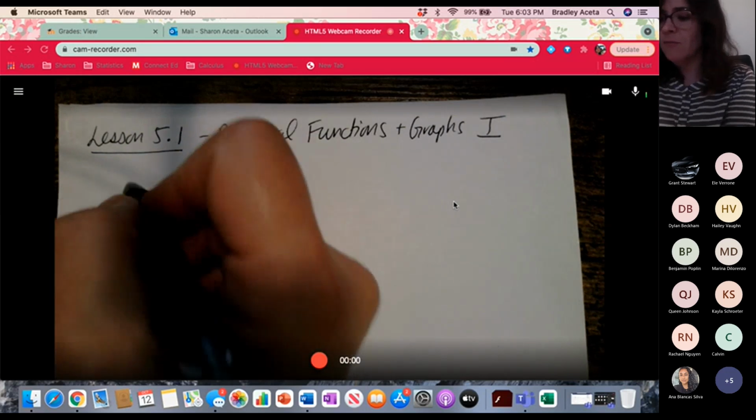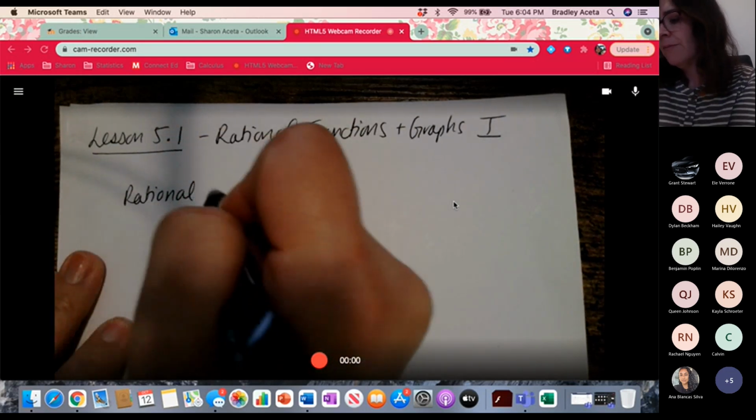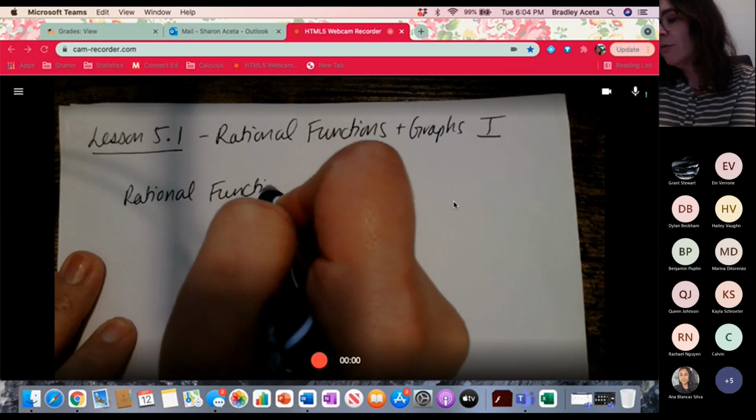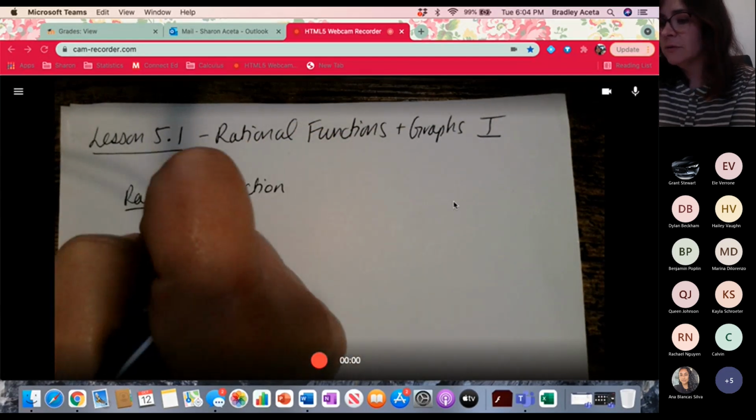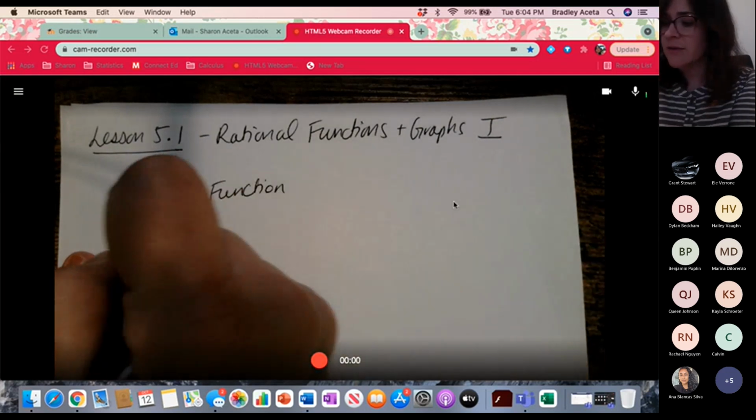All right, so real quick, what is a rational function? Well, if you know what the word ratio is, it's a fraction. That's pretty much what it is.